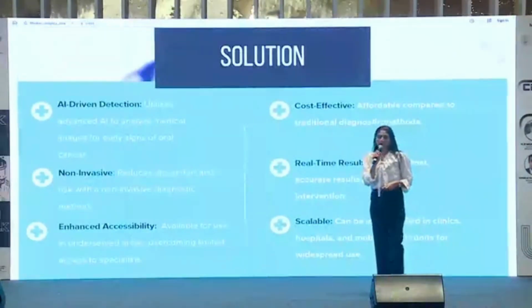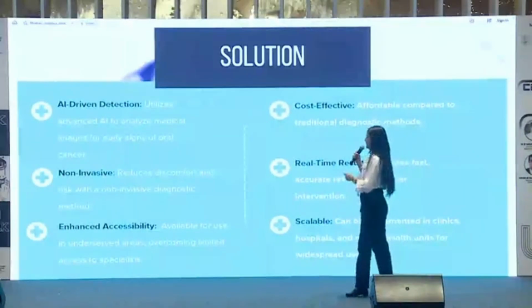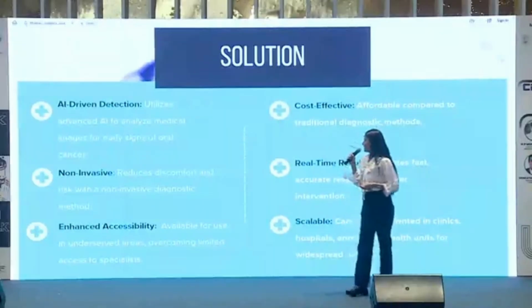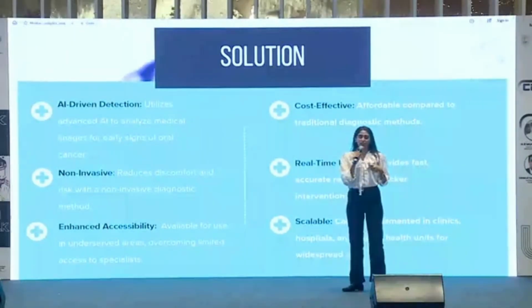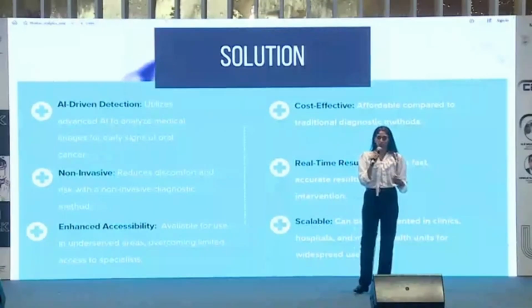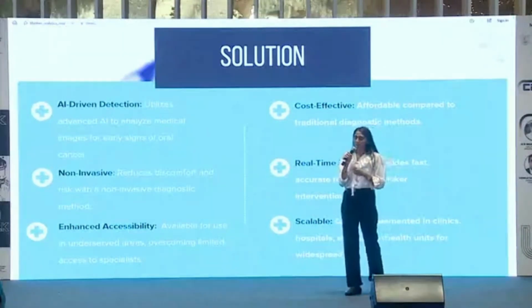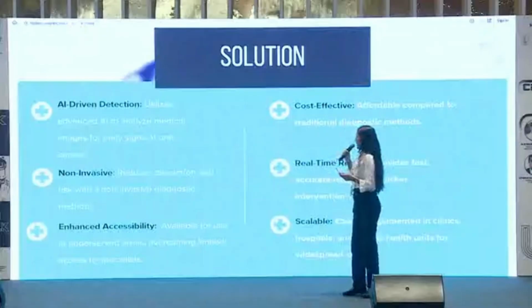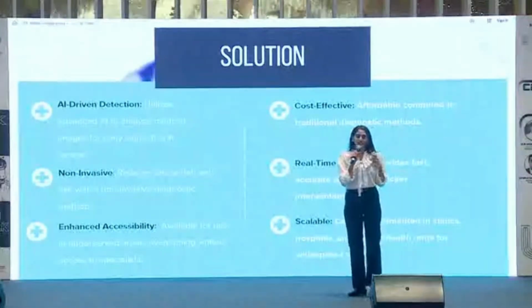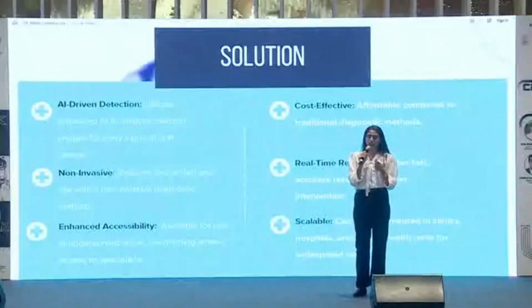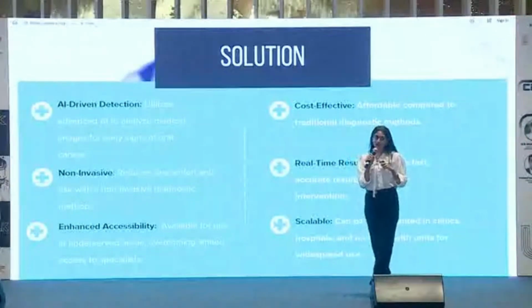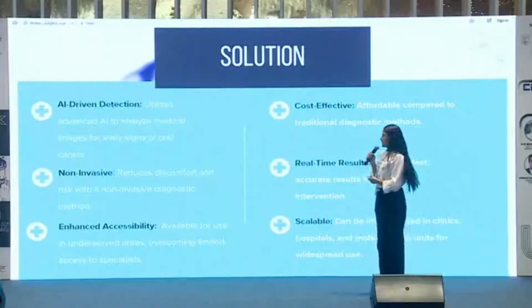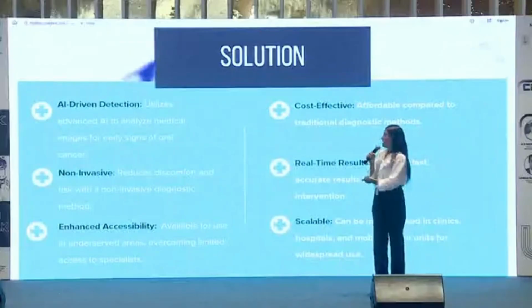Next, our solution: what we are trying to provide here is an AI-driven detection. That is, it will utilize the advanced AI which we have today in a very ethical and accurate manner, and non-invasive. The existing technology is called WellScope. I'll give you a brief introduction about what WellScope is.